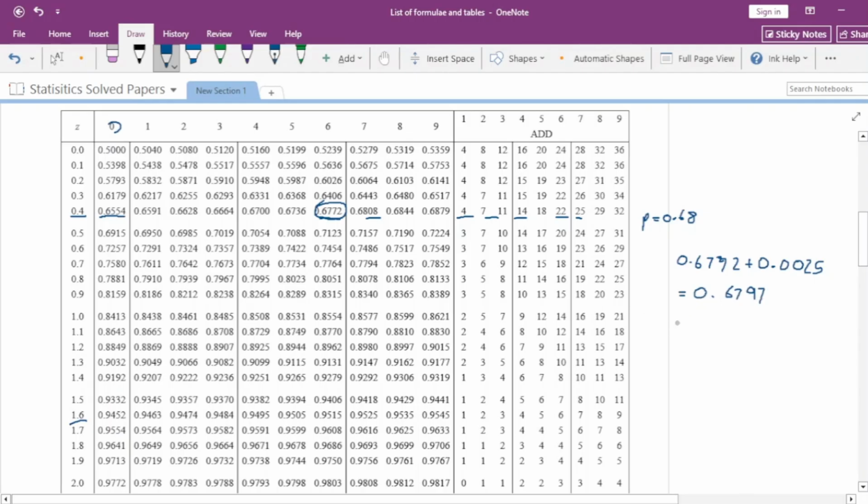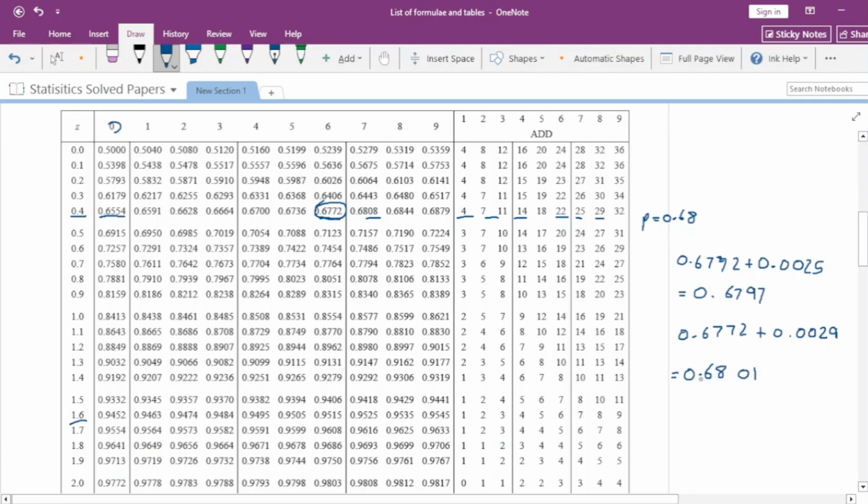Let's try the next value, 29. So that would be 0.6772 plus 0.0029, and that gives us 0.6801.